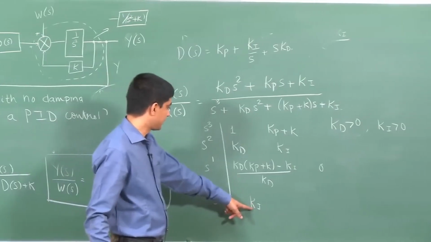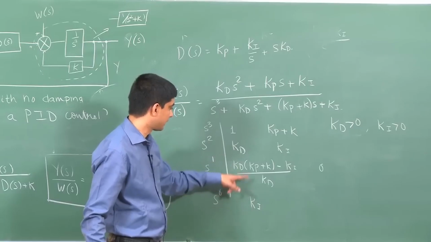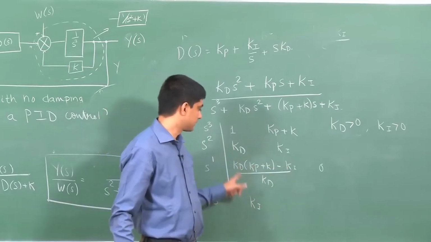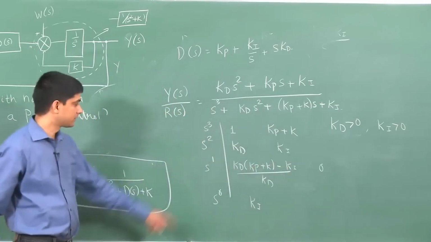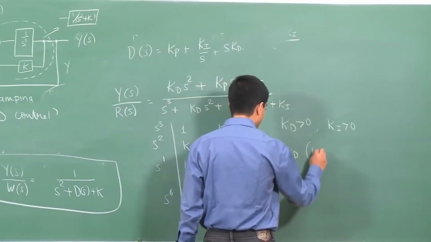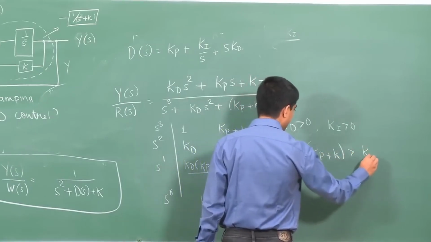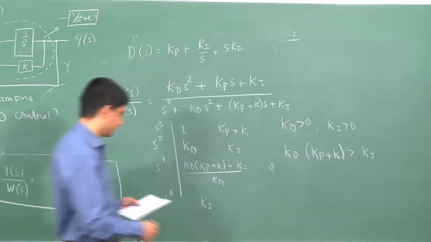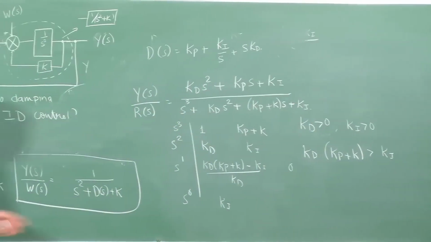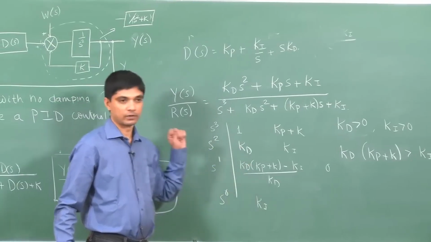Ki should be greater than 0, Kd should be greater than 0. If these two are true, you plug it in here and you will find this also to be greater than 0. So, the additional condition we need to impose is Kd (Kp plus K) greater than Ki, for the system to be stable. The second one would mean Kd should be greater than 0, Ki should be greater than 0, and this is the third one.